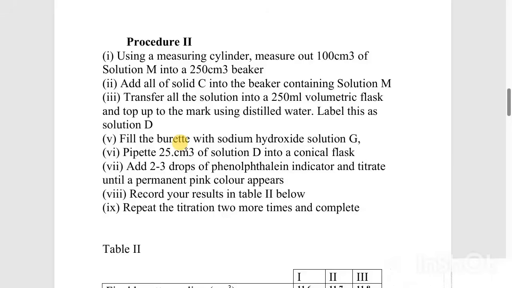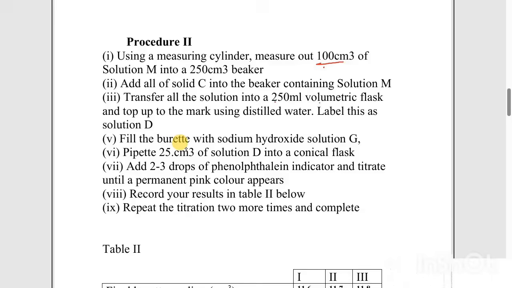This solid will first react with this 100 centimeters cube. So it means it will consume some moles, but some moles will remain. So remember that. Then now we are topping up into 250 volumetric.